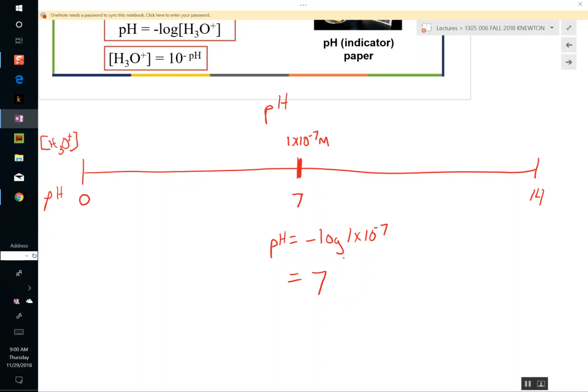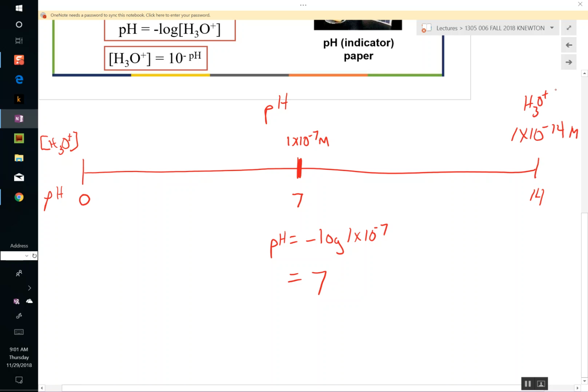So that's why you go from 0 to 14 in pH. A high pH corresponds to 1 times 10 to the minus 14th molar hydronium ion concentration.